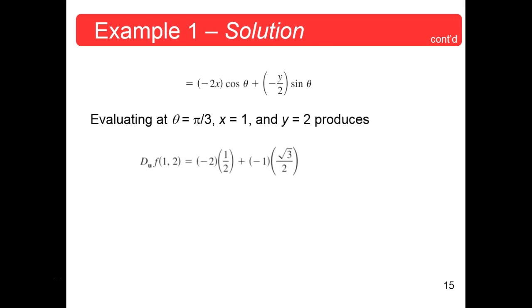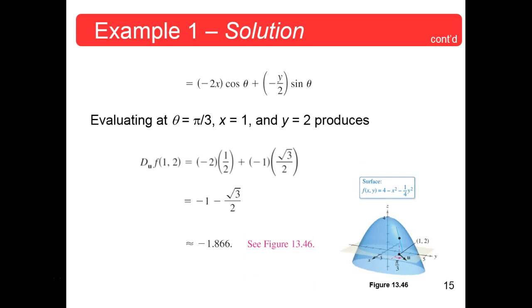Then that gives you negative 2 times 1/2, that's a negative 1, plus a negative 1 when you put y equal 2 in there, times root 3 over 2. That gives you negative 1 minus root 3 over 2, which is negative 1.866.